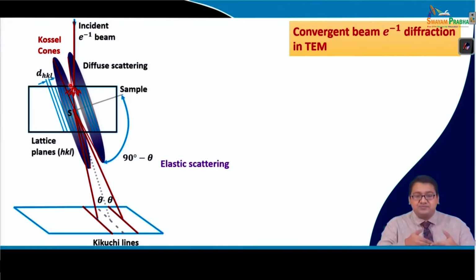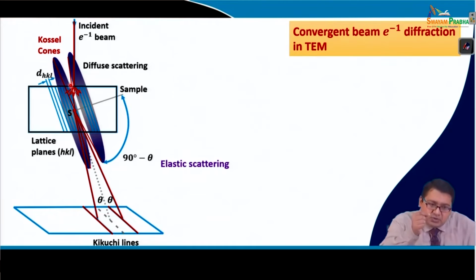We also know that with the increase in the number of interactions, the scattering angle also increases, and as the scattering angle increases, the intensity of the beam reduces.